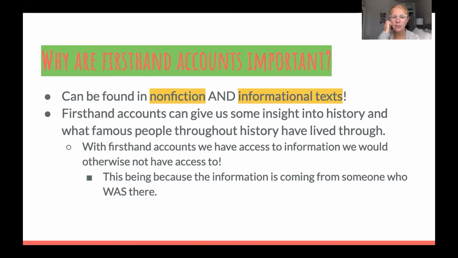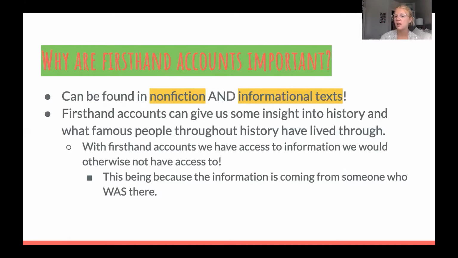Firsthand accounts are not limited to known people. They are anything that is written down and passed down through history or different types of text that describe someone's experience being somewhere or doing something.